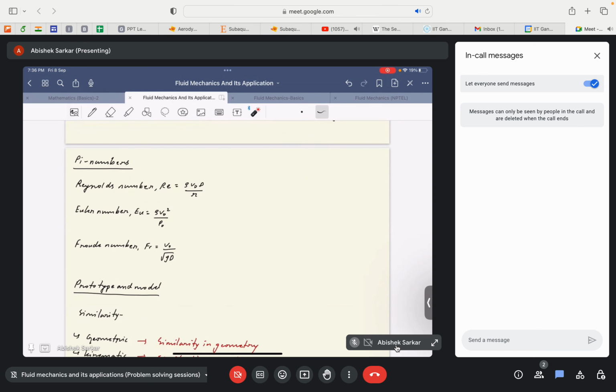So then there are pi numbers. These can also be termed as non-dimensional numbers. In the case of fluid mechanics, you will see that we will be dealing with lots and lots of non-dimensional numbers. Not only in fluid mechanics, in other thermal sciences also, say heat transfer.